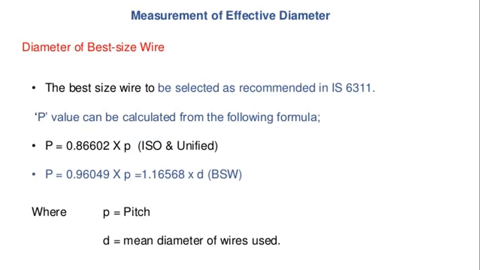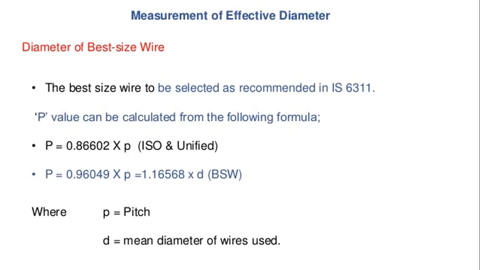Then the p value can be calculated from the following formula, that is p is equal to 0.86602 into P. P is the pitch condition. So you have to take the pitch condition, then P is equal to 96059.